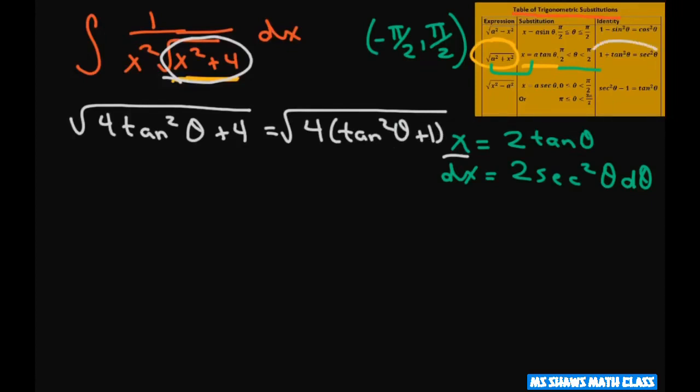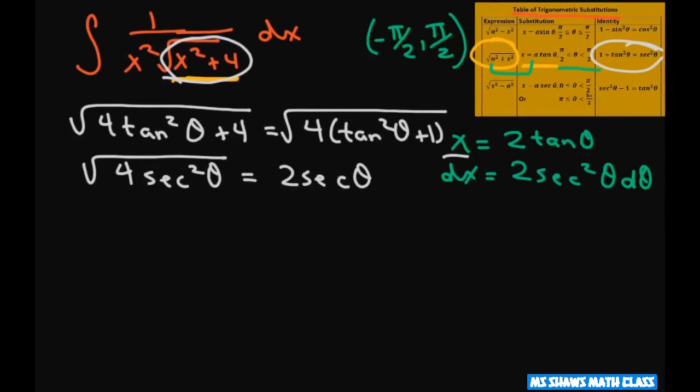Now, this equals secant squared, so you get the square root of 4 secant squared theta, which equals 2 secant theta. Usually you put the absolute value signs on, but because cosine is positive in quadrants 4 to 1, we can take the absolute value signs off.